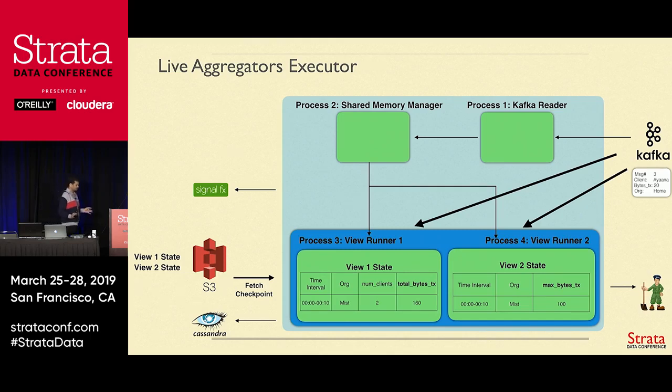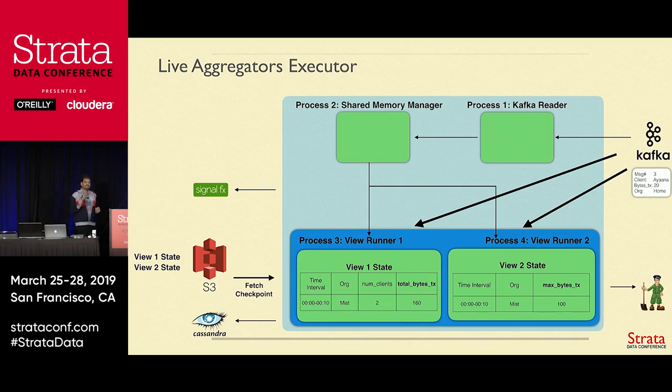Now you might have one question: why are these views doing multiprocessing in this task? There are two main reasons. First, we don't want each and every view to read from Kafka.